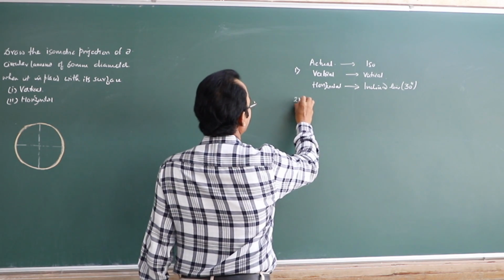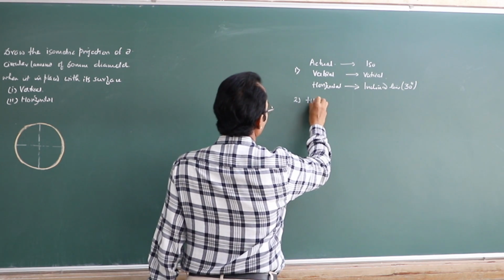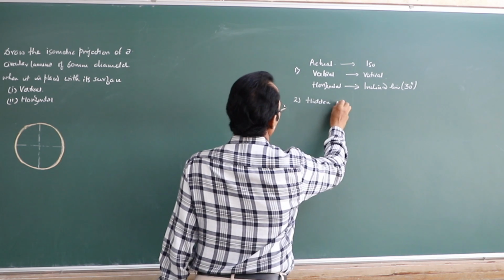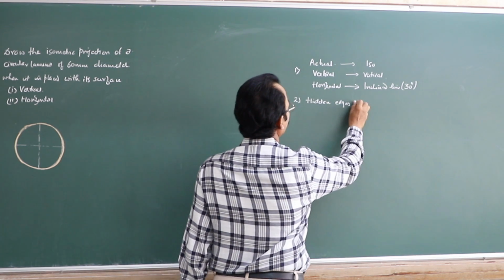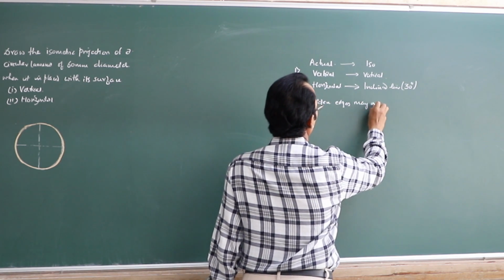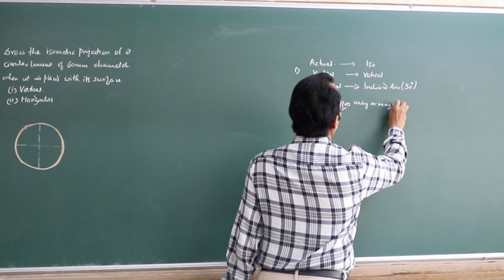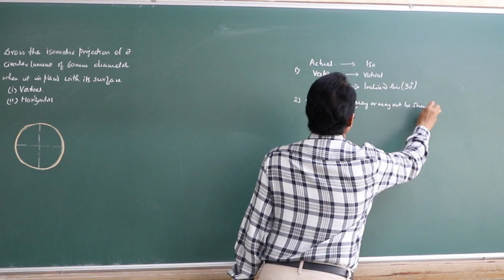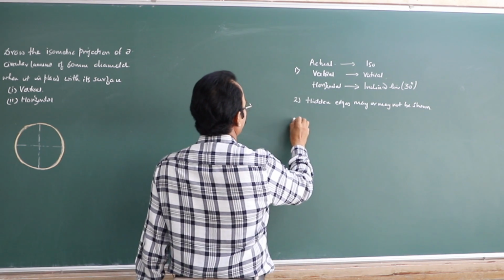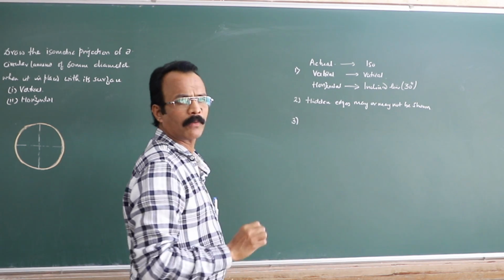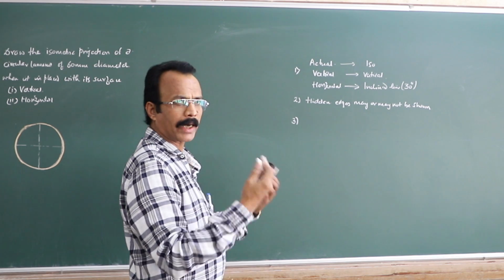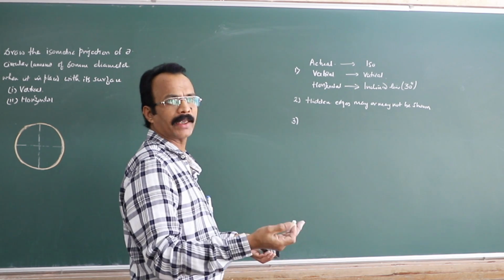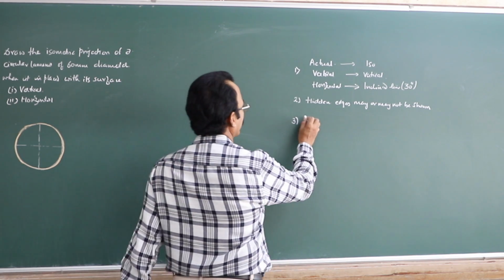Then second is, hidden edges may or may not be shown. Then in case of isometric projection, we try to show as many faces as possible, right?